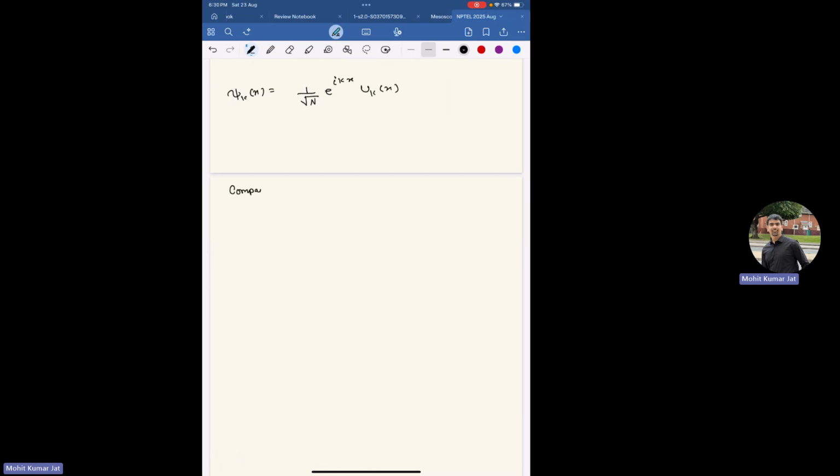Here, whatever your u_k(x) you are saying, it's essentially phi atomic, which we have discussed. So compare equation 4 and 3. What you will get is psi_k(x) equals C_n summation over n from minus infinity to plus infinity e to the power ikna phi(x minus na), right?